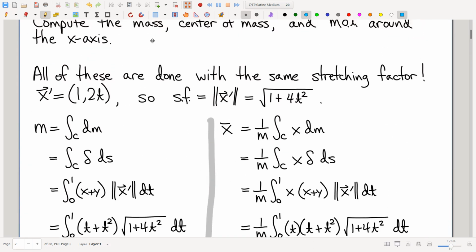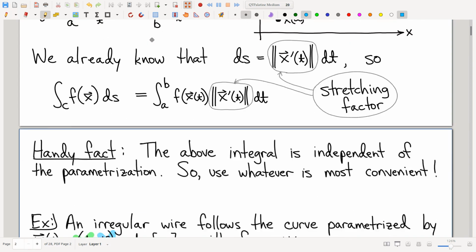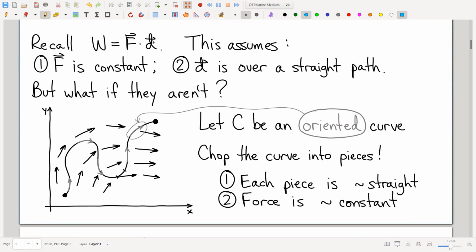If I'm interested in computing the mass of this wire, will I get a different answer if I add them up one way along the wire versus the other way? No, of course not. The mass doesn't depend on the direction at all. What about the work?